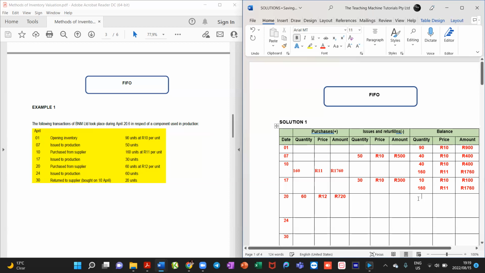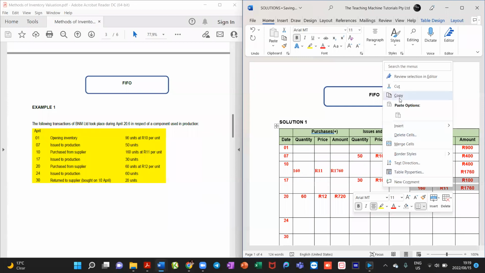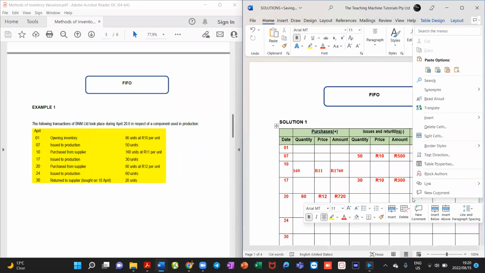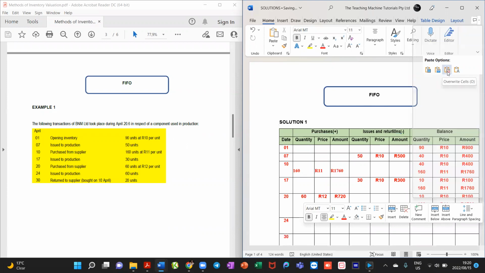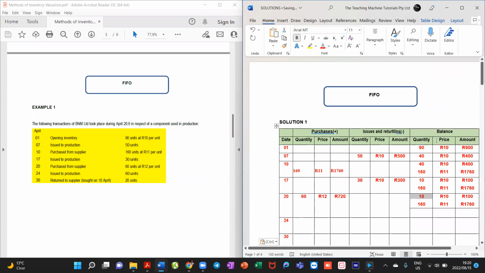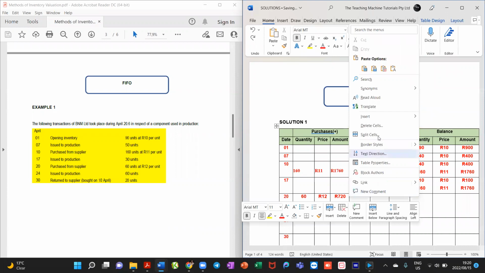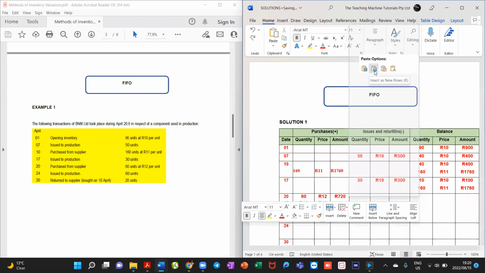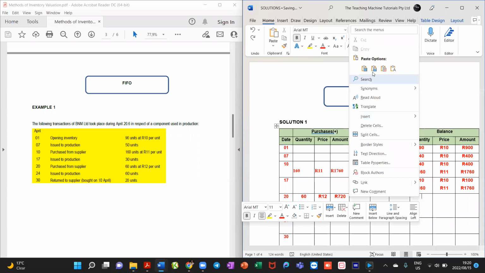And then check on the balance, we will bring down the old stock. Let me just copy these amounts and then paste here. Okay, I think it's not working out.